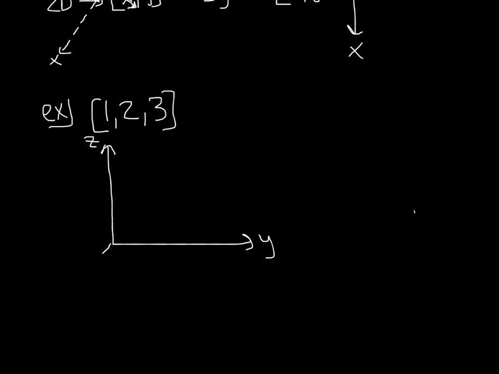We get a nice little x coming out of the page at us. And I'm going to go 1 in the x, 1, 2 in the y, and how many in the z? 3. 1, 2, 3. So the easiest way to do this is to do your x and y first. So 1 and 2 are going to meet right here. And then I need to go up to 3.